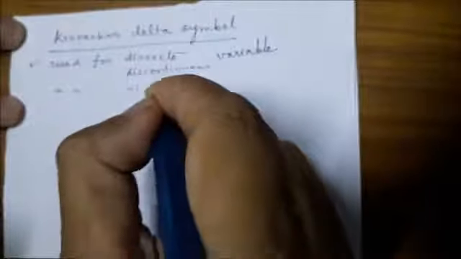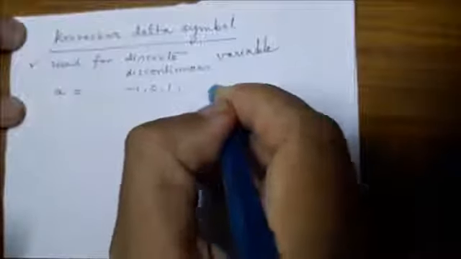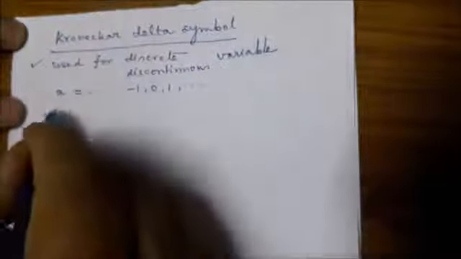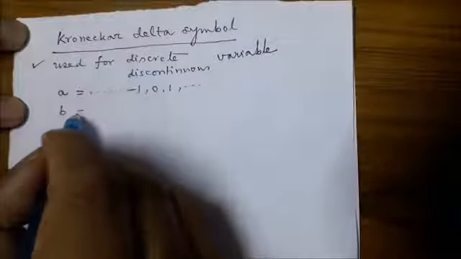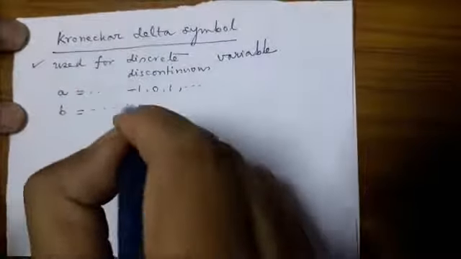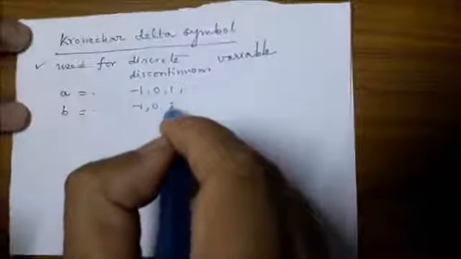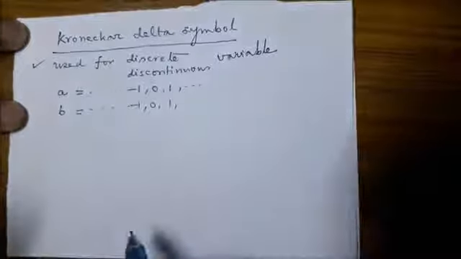For instance, let us consider a variable a, and suppose it assumes values -1, 0, 1 and so on. Or another variable b which also assumes the same values -1, 0, 1 and so on.